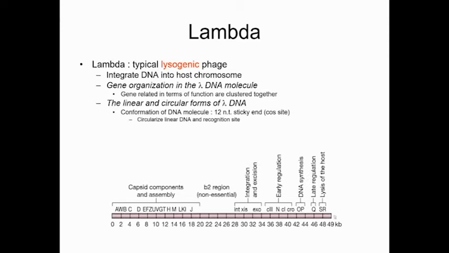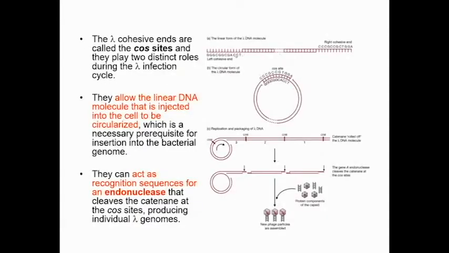That's because the end of the lambda DNA has a 12 nucleotide sticky end, all right? Like this 12 nucleotide sticky end. So that's why they can be linear, or they can form what we call a cos site, all right? It's called the cohesive end. We call this cos. So basically they can form this circular DNA, or they can be linear.